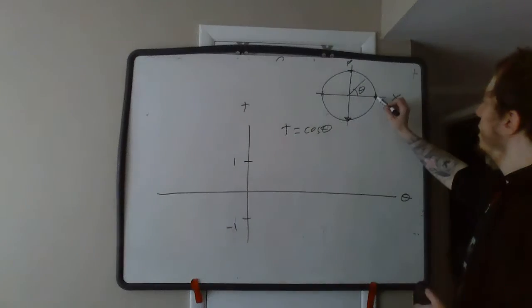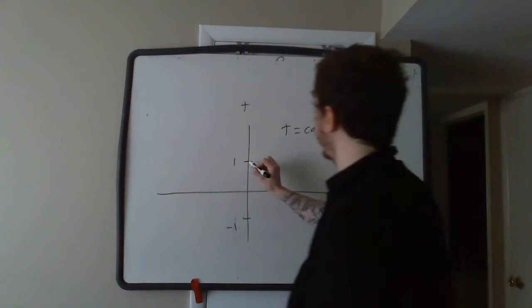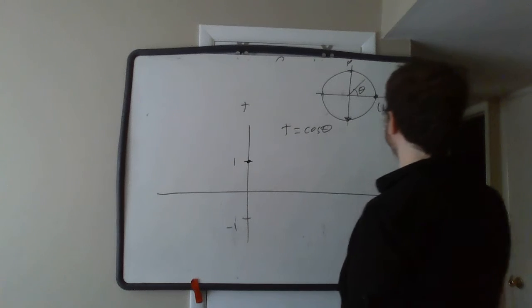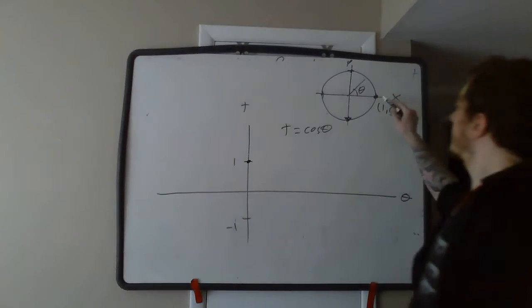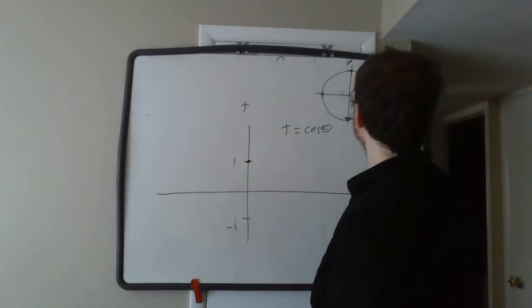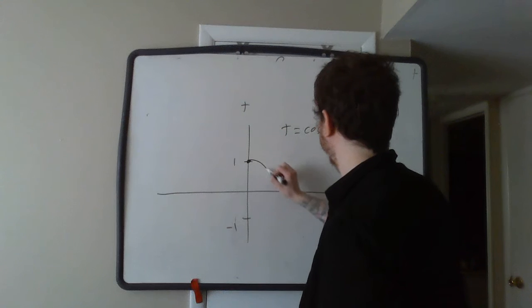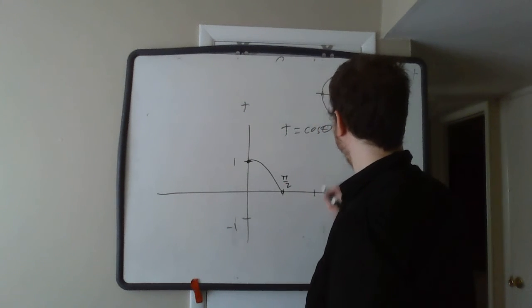Well, this time, at an angle of 0, the cosine is equal to 1 because the x-coordinate here is 1, 0. And it's going to start off decreasing kind of slowly until it decreases to 0 at pi over 2. So we get this kind of a shape.